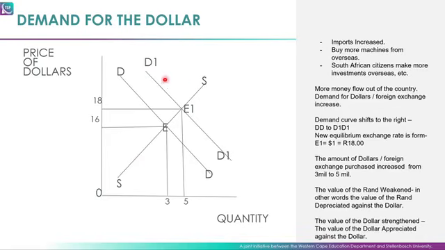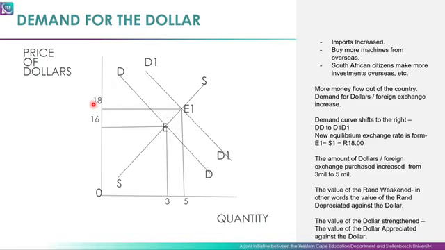So whether you're investing, whether you're traveling to America, whether you're buying American products, this is an increase in imports. So the demand has shifted and therefore more money is flowing out of the country now. Okay, so now we see the price of the dollar has gone from 16 rand to 18 rand. So what does that mean in terms of the rand now? The value, the strength of the rand now.